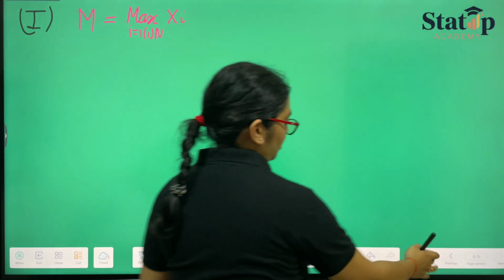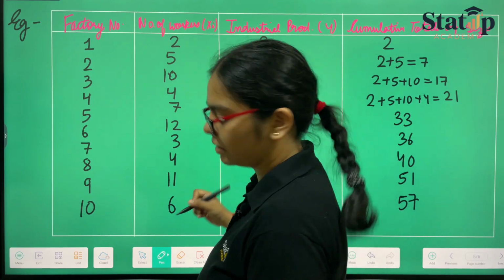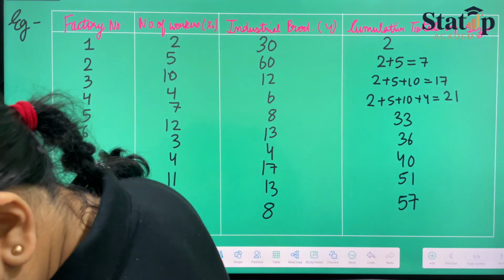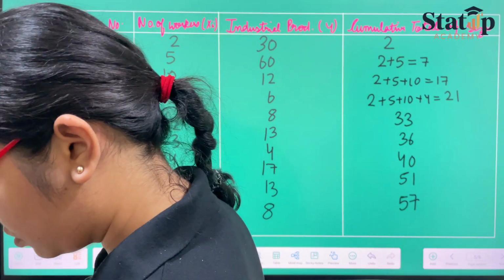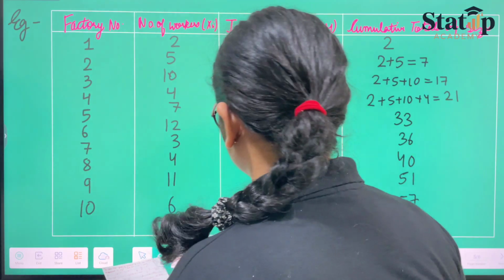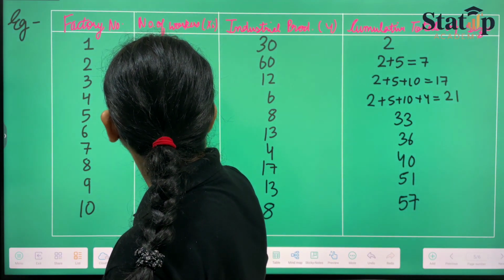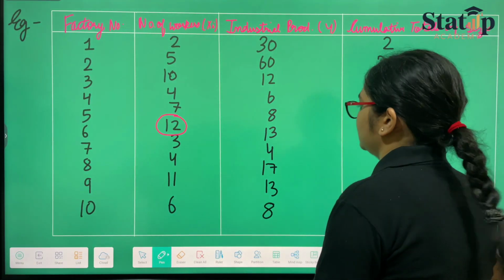So here, from all of them, the maximum of xi is 12.